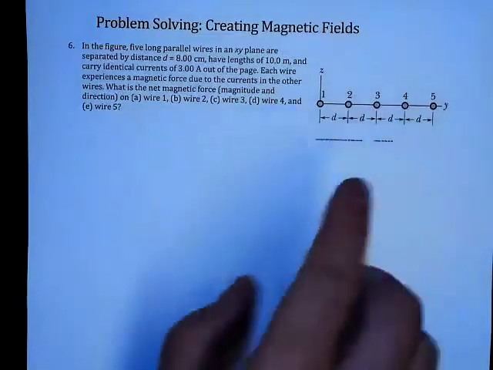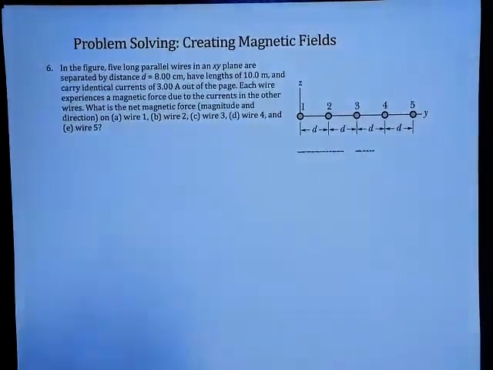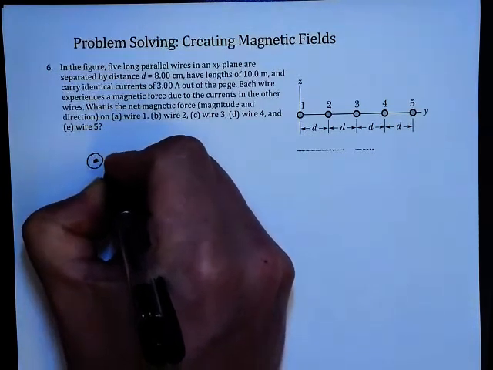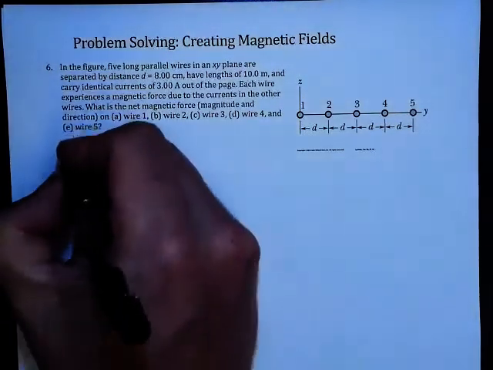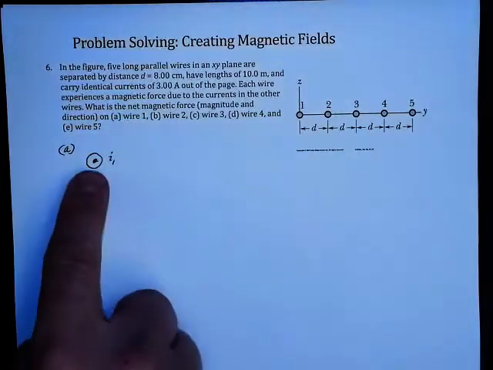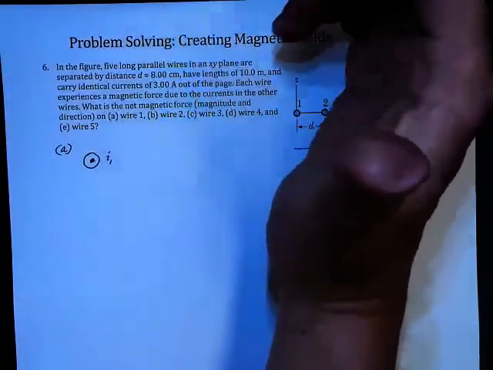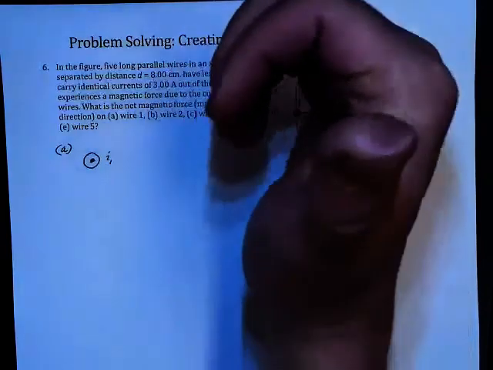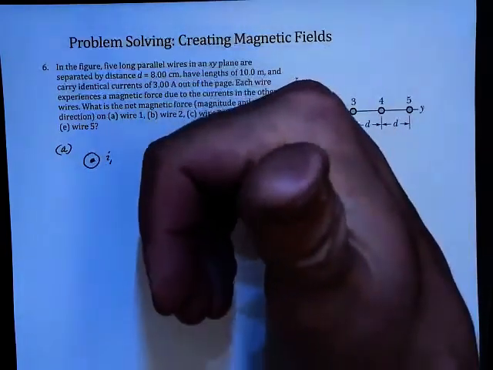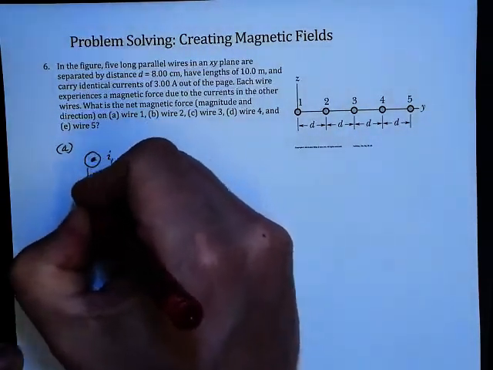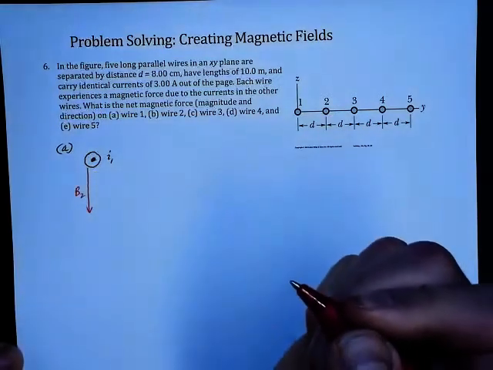So again, if all the currents are coming out of the page, let's focus on wire 1. Here's wire 1, and it's got current coming out of the page. That current's going to feel a force due to the magnetic fields from all the other wires. If all the other wires have current coming out of the page, then on their left-hand side, if you use the field right-hand rule, the fingers on your right hand point down to the bottom of the page, which means I get a magnetic field from wire 2 that's down.